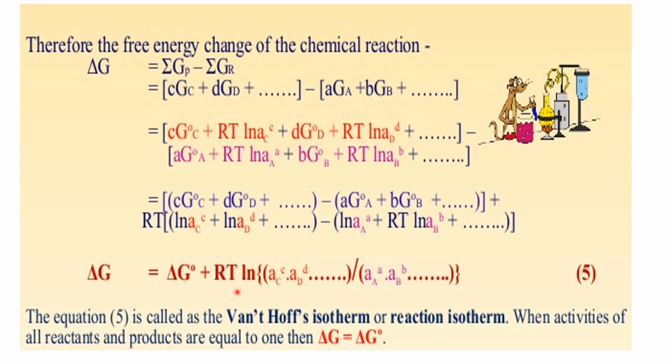So for any reaction, if the activities of the reactants and products are the same, then the free energy change is equal to the standard free energy change. Delta G is equal to delta G0. Take down.